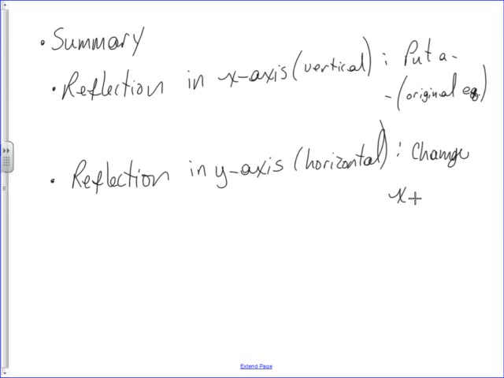So change x into negative x for a horizontal reflection. For vertical reflection, you do negative parentheses your equation. Makes sense?